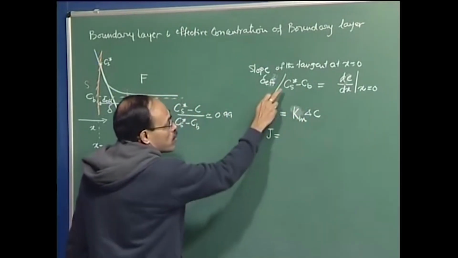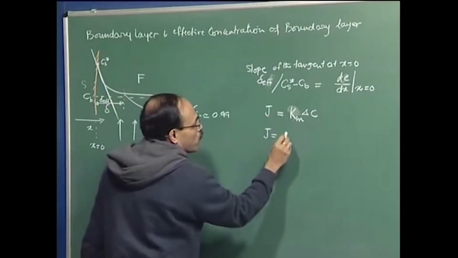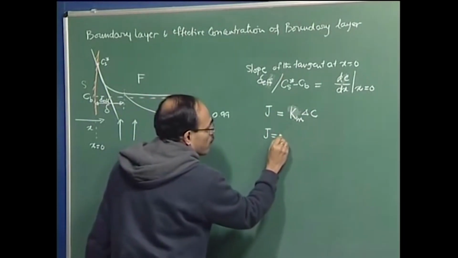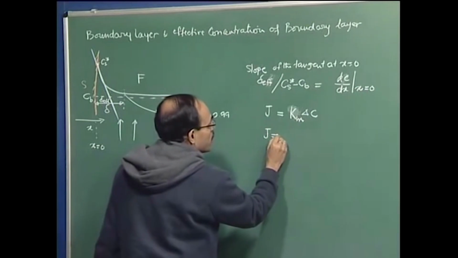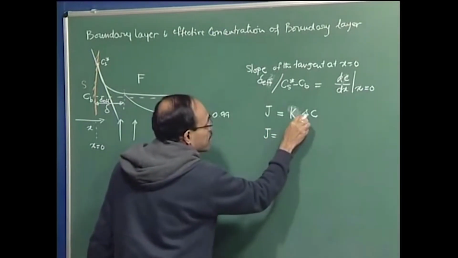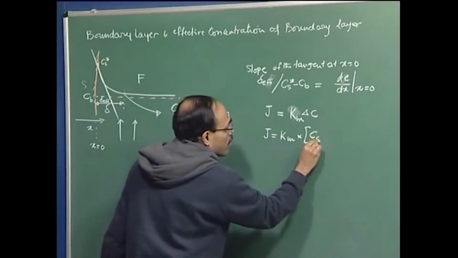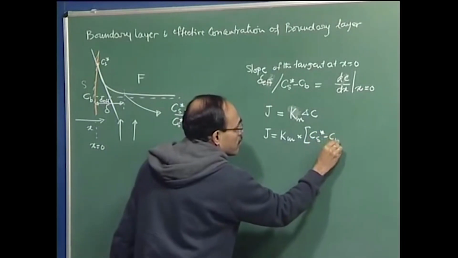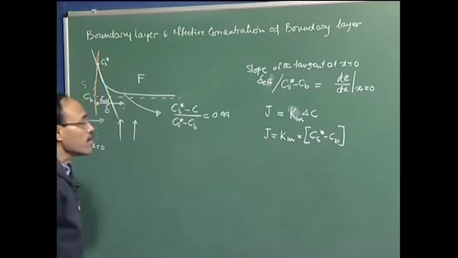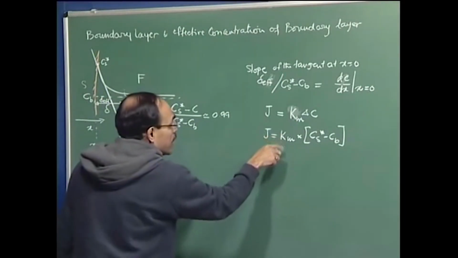So, this is J, the flux, equal to mass transport coefficient into delta C, and if you look at it, the delta C remains the same and J comes out to be Km into Cs star minus Cb. Okay.